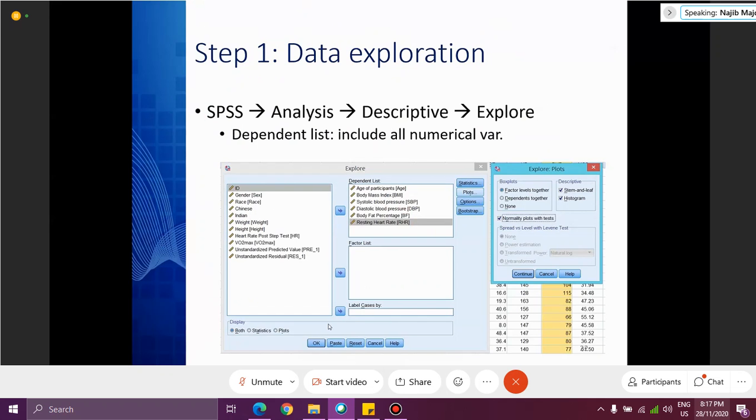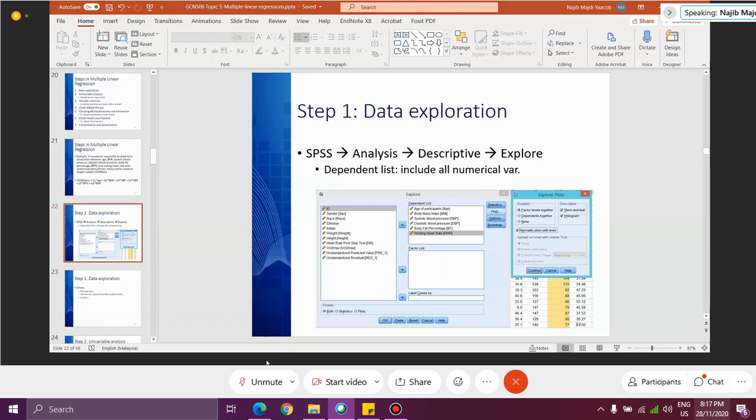Okay, so let's open the data set. So this is the data set. Which one is the independent variable? VO2 max is the outcome variable.